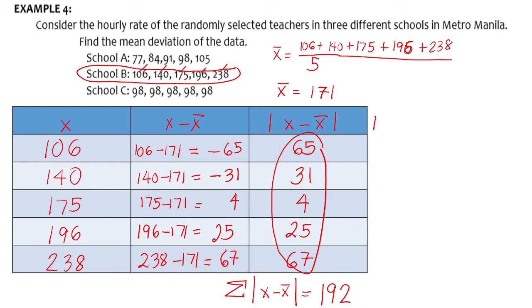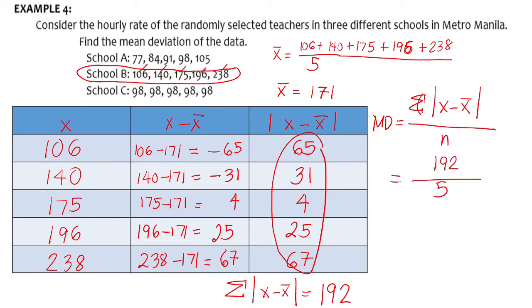Okay, let's compute the mean deviation now. The mean deviation is simply the summation of the absolute value of the score minus the mean over n. So you have 192 divided by 5. How much is that? 38.4.